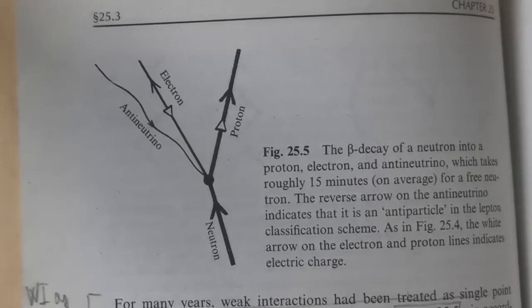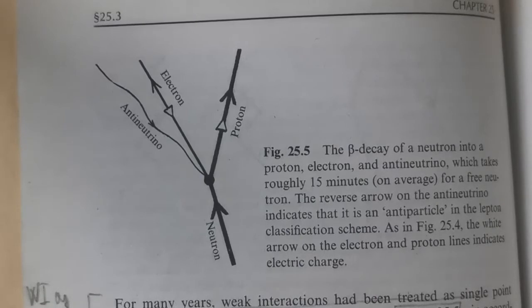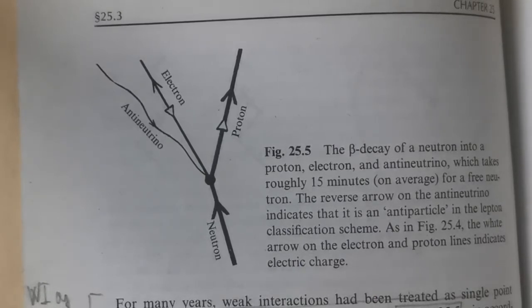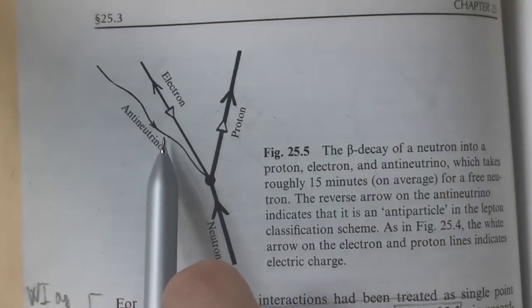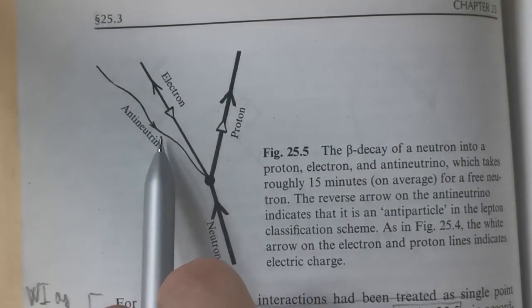You can explain it better, I think. So you're talking about that antineutrino in the beta decay, right? I was actually thinking about the white arrows, but that's an electron.